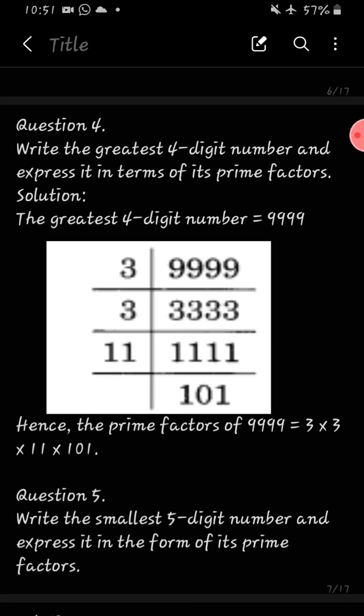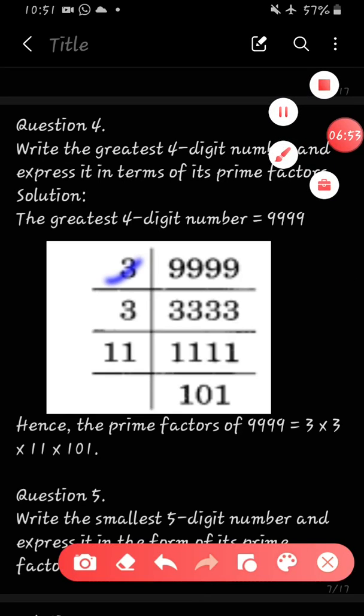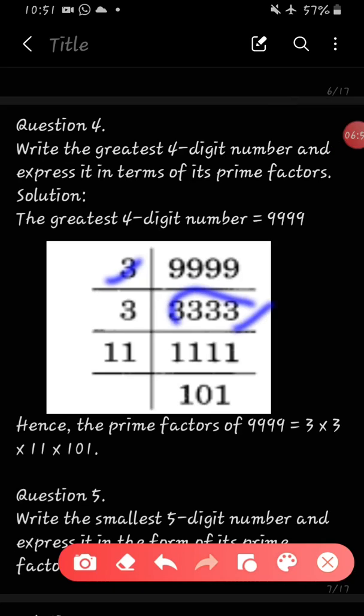3 into 3333, it is directly divisible. Okay, 3 into 3333. Again this 3333 is divisible by 3 again. 3 into 1111. And again this 1111 is divisible by 11. We have tried 5, but by 5 it is not divisible since the last digit is 1.